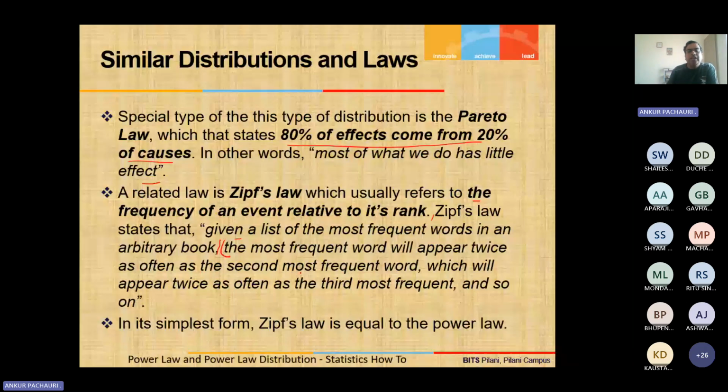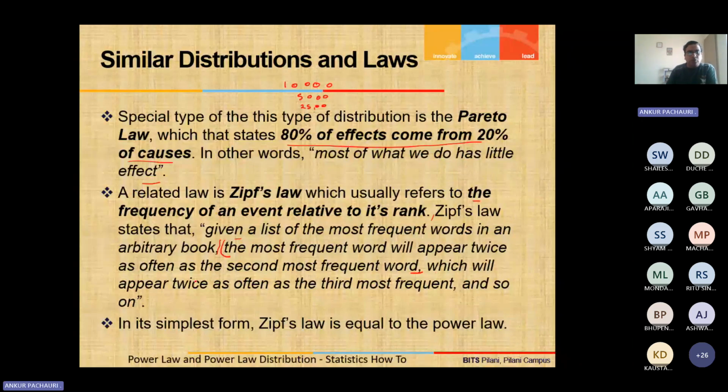So for example, if your most frequent word appears 10,000 times, then the second most frequent word will be half of it, 5,000 only. The third most frequent word will be 2,500, and so on.